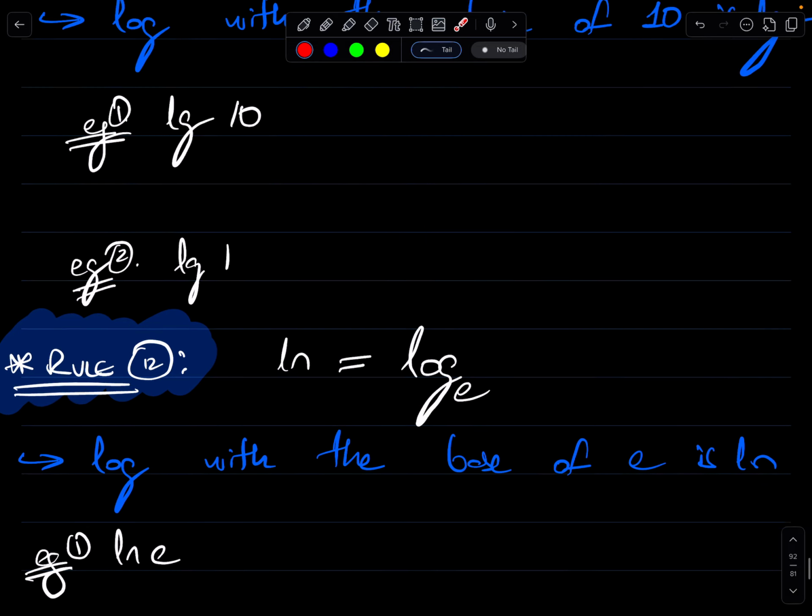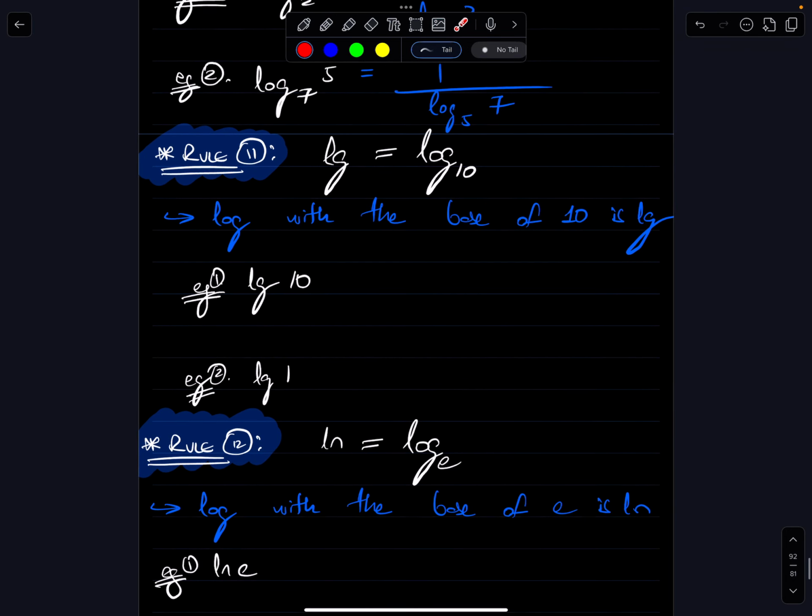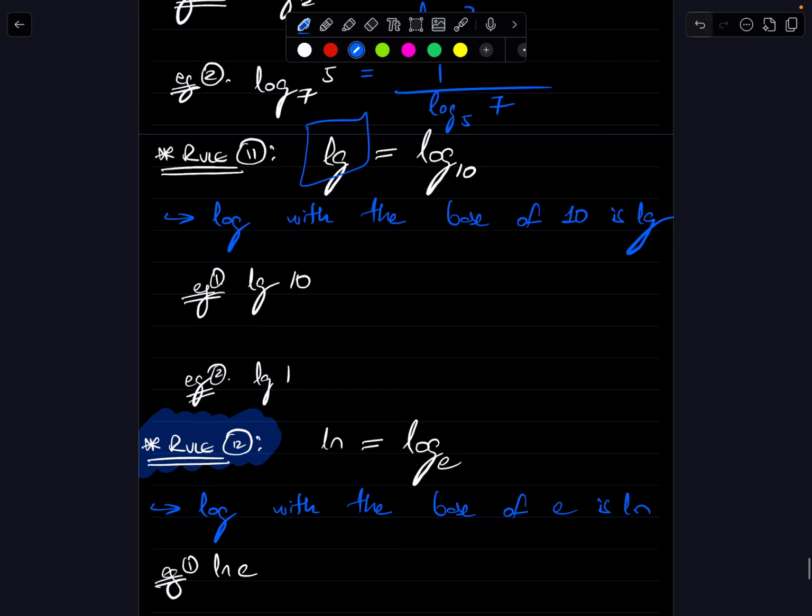These are two things you need to remember for now. And these are two very important concepts. Without these, you might not be able to solve a few questions. If you don't know what Lg is and you don't know what ln is, obviously, how will you solve questions?